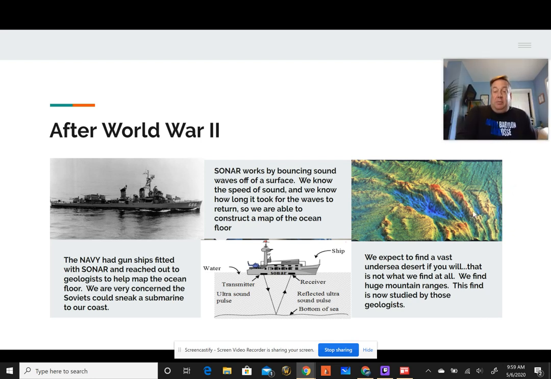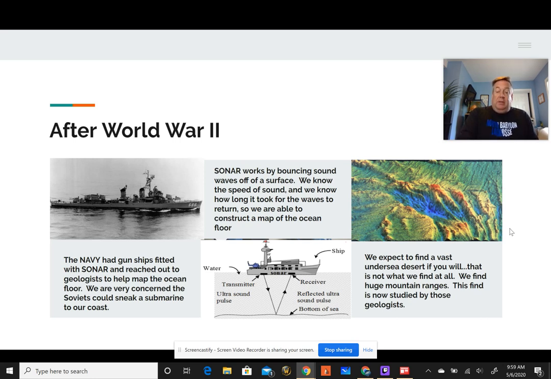So here is a picture taken by sonar, and this is what we find. We're expecting that the floor of the ocean is going to be a flat, desert-like, no real features, just some sediment in a flat, vast floor. That's not what we find. All right, what we find are mountain ranges, huge mountain ranges.